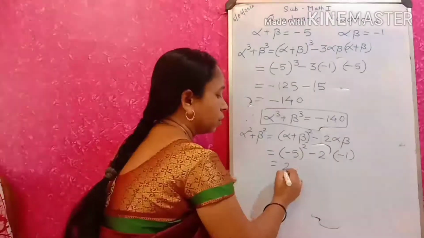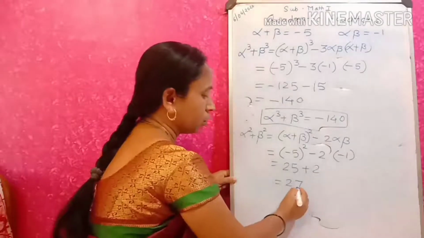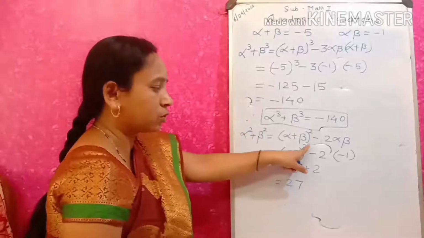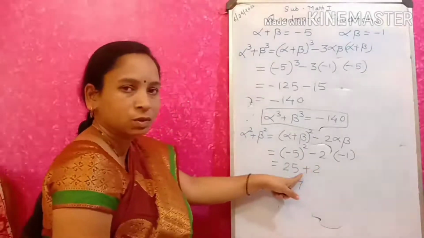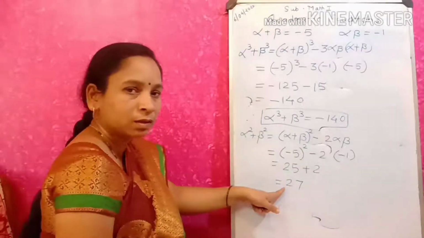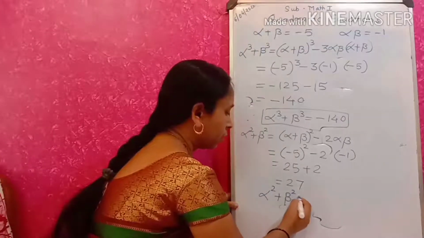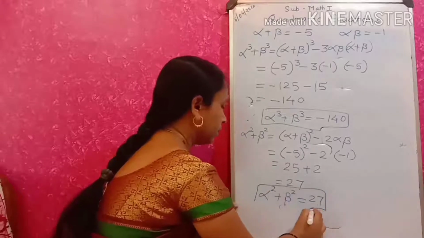So 25, 2 1s are 2, so here you will get the answer 27. Minus 5 square is 25, minus minus will be plus 2, and adding this 2 it would be 27. So alpha square plus beta square, here you have got the answer 27.